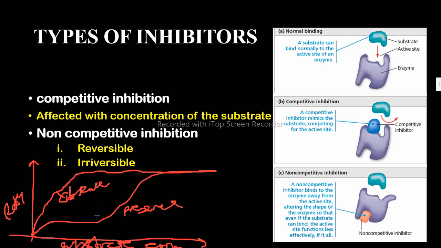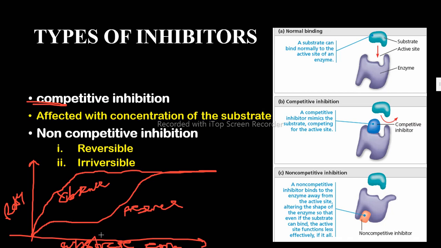But in the presence of an inhibitor, the rate of enzyme activity is retarded. For the case of a competitive inhibitor, the rate is going to be retarded and it's going to be slow. It is going to gradually increase.